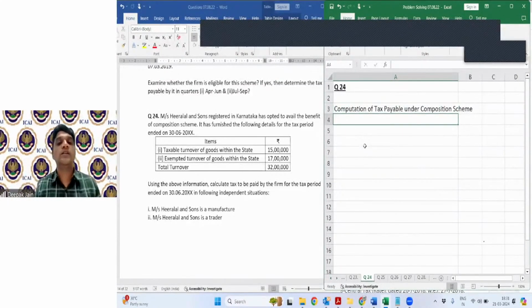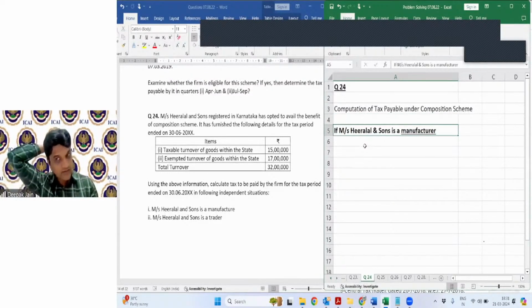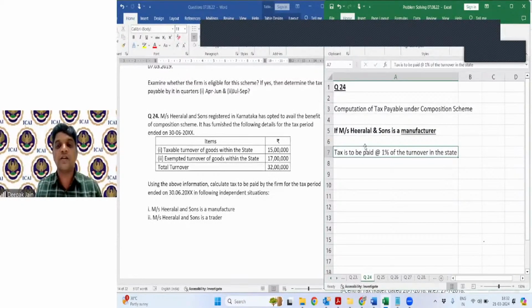No. There is a difference because the terminology used in payment of tax under composition is different. That's why this question is there for us. Messrs. Hiralal, computation of tax payable under composition scheme if Messrs. Hiralal and Sons is a manufacturer. If he's a manufacturer, tax is to be paid at 1% of the turnover in the state. It just uses the word turnover.